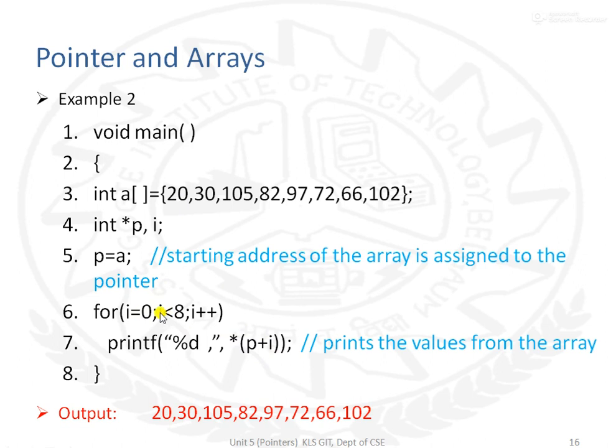When i is 0, *(p+0) is 20. When i increments to 1, *(p+1) is 30. When i increments to 2, *(p+2) is 105, and so on. So this is the output it prints: 20, 30, 105. As we have the array, it will be printing the same way.